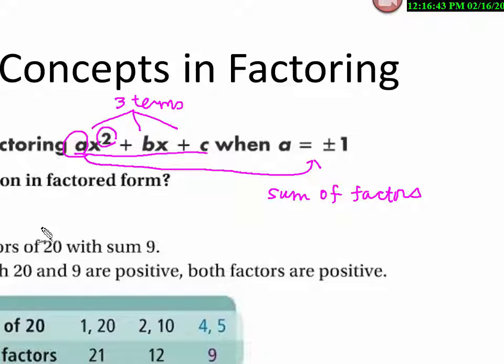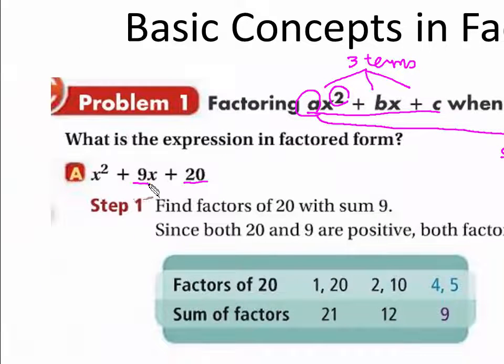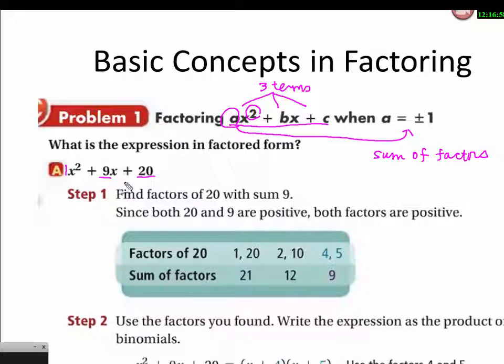So now we have to pay attention to the c value and the b value. Since you have nothing in front of x squared, it means there's a 1 there. So you satisfy the criteria of using the sum of factors strategy because a is equal to 1 this time.